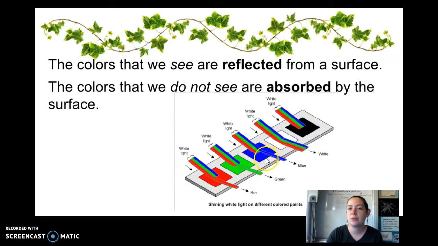Which two colors are absorbed by the blue? It would be green and red. They're getting absorbed by that pigment, so we don't see them anymore. What we see is the blue that's not absorbed. It's reflected. White is all of the colors, and then black absorbs all the wavelengths of light, all the colors. It doesn't reflect any, so we can't see anything.